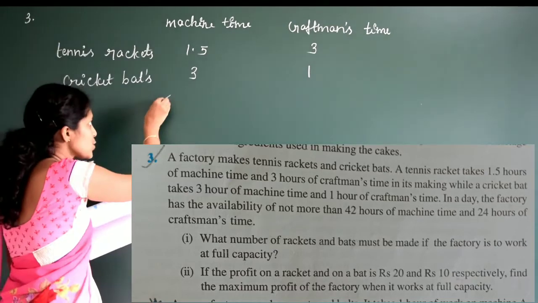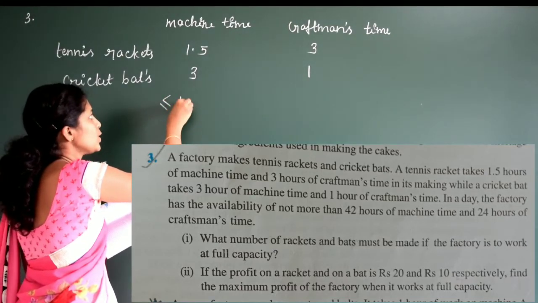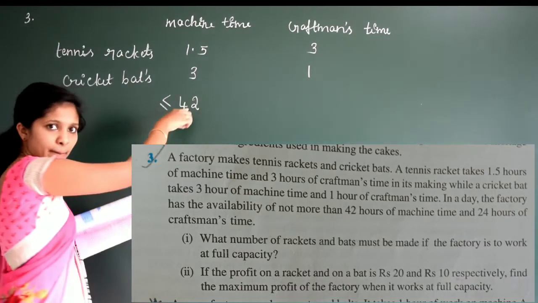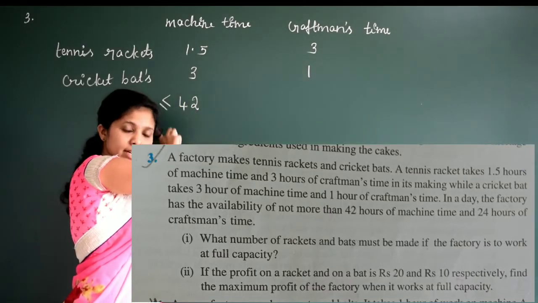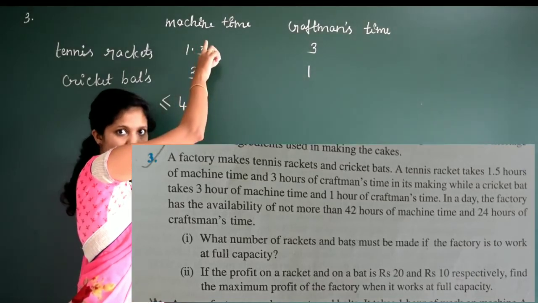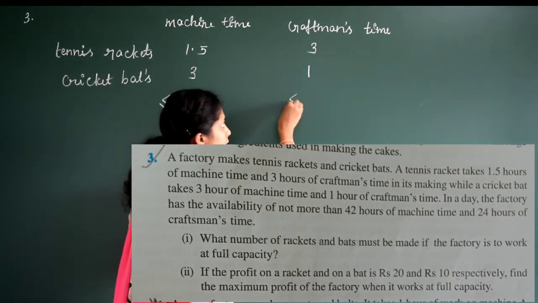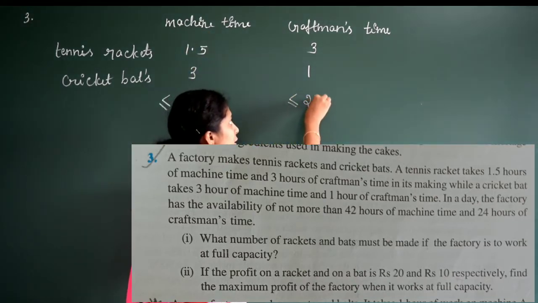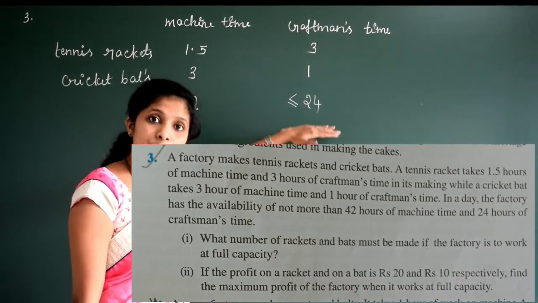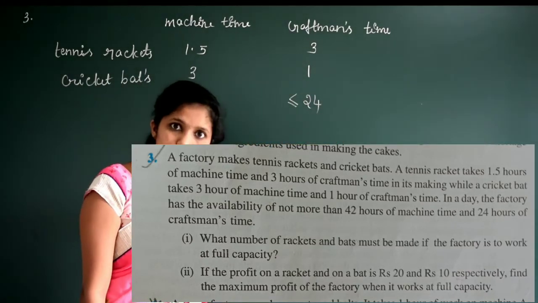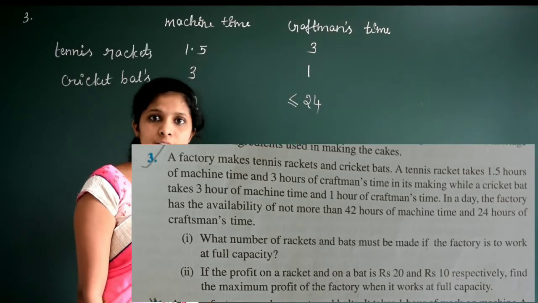So this value should be less than or equal to 42, right? Maximum available time is 42 or less than that. Within that they have to finish this. Next, this one less than or equal to 24. The maximum availability for the craftsman is either equal to 24 or less than 24.